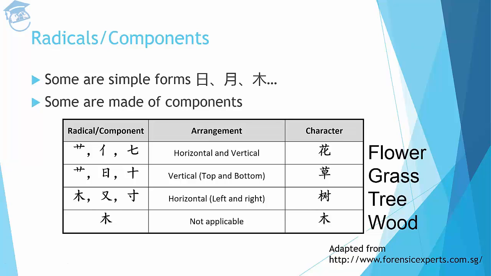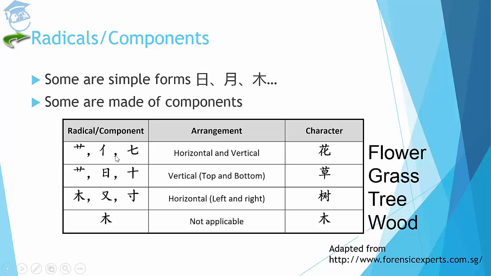The next one is about the radicals and components of Chinese characters. So you have seen before that the adjective good is a combination of girl and son. And of course the other words are combinations as well. So for example, we have flower, grass, tree.